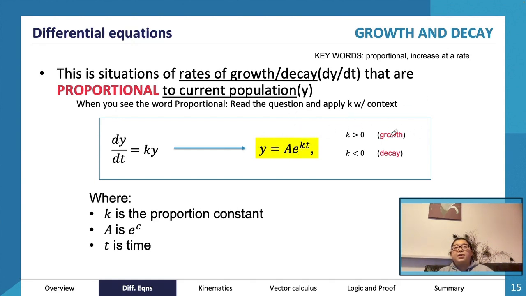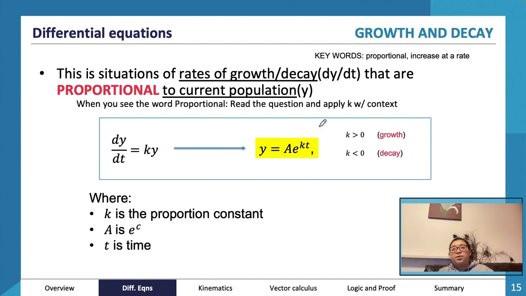If k is bigger than 0, this graph would grow, and if k is smaller than 0, the graph would shrink, in terms of whether it's increasing or decreasing.